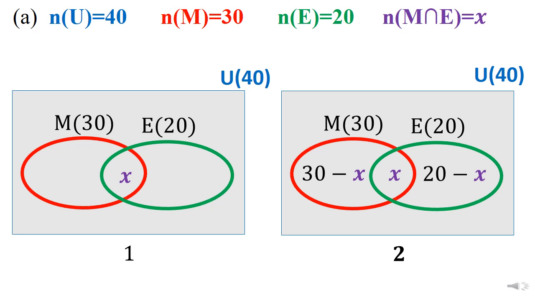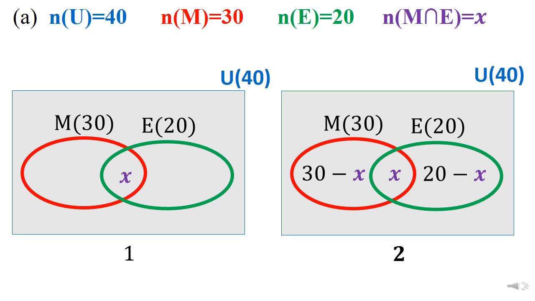So we have E into bracket 20. Now the intersection, we don't know in the question, so it has been represented by a variable, which is X. After this, you are going to find the other portions within the two circles, the other portion in the red circle and the other portion within the green circle.